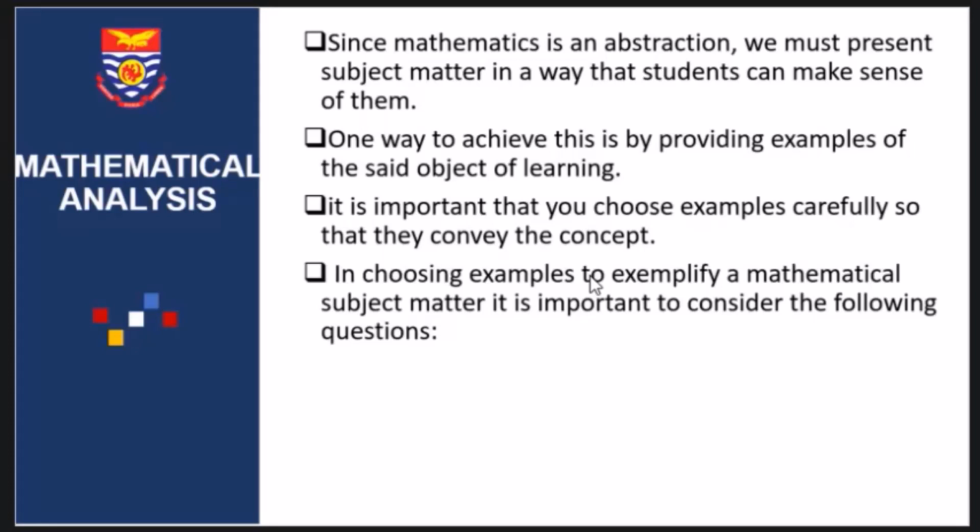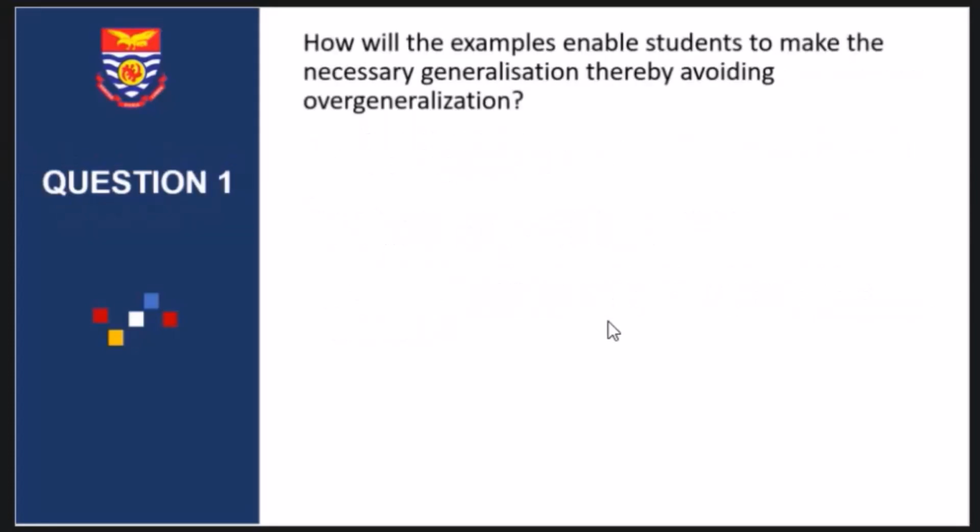So in this session, we shall be looking at some important questions to ask when we want to choose examples to exemplify our mathematical subject matter. And the first question we should ask is, how will the examples that we choose enable students to make the necessary generalizations, thereby avoiding overgeneralization?